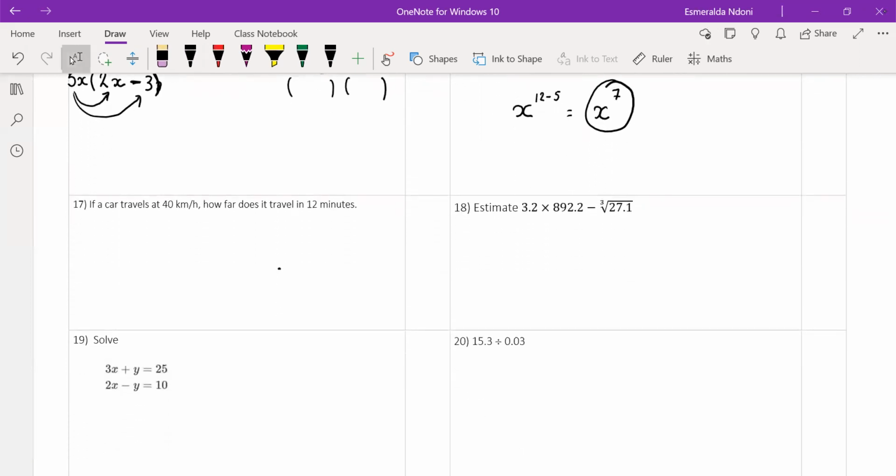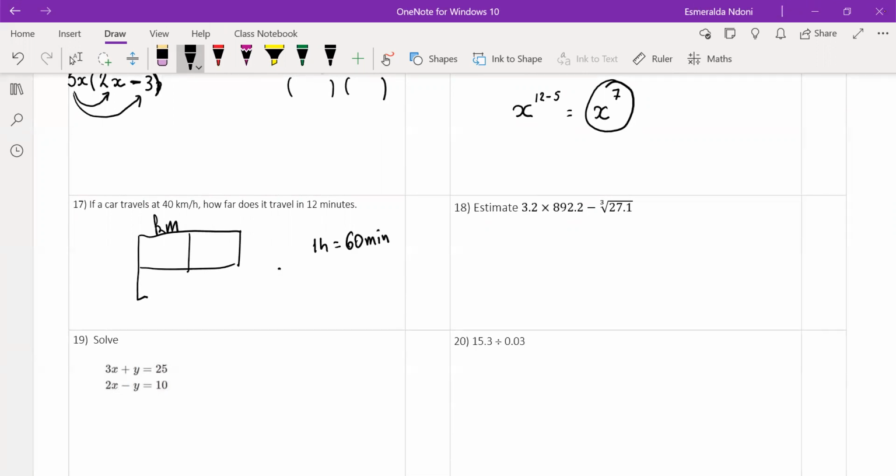Question 17. If a car travels at 40 kilometers per hour, how far does it go in 12 minutes? We know that these questions require a box method. Let's just do that. I have kilometers, and I know that 1 hour is equal to 60 minutes.